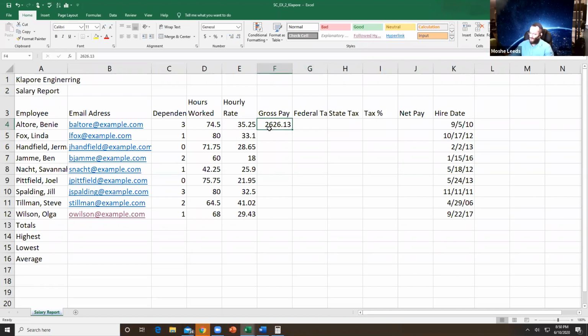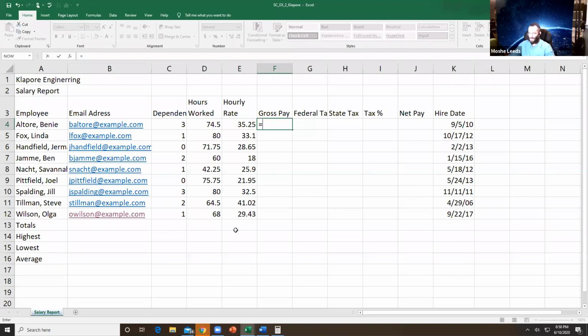So when I'm creating this formula, I want to make sure that it is linked to the constant cells, the source cells. So I'm going to do equals, because equals is my activator for a formula in Excel.